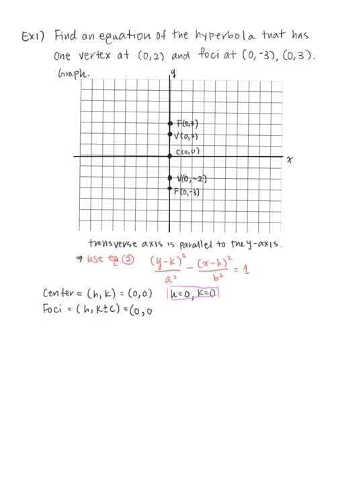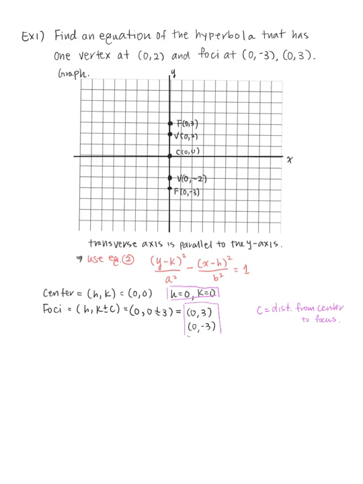So here the distance will be 3, so we have 0 plus or minus 3. Let me make a note: c is the distance from center to focus. So in this case, we get (0, 3) and (0, -3). Wait a minute, that was given to us. Dang it. All right, never mind.